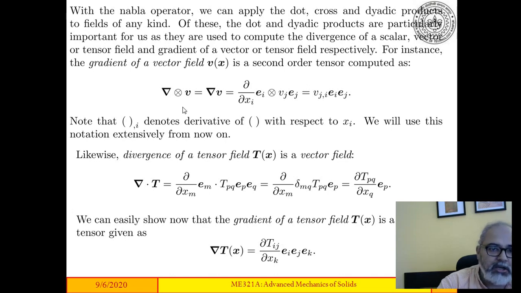So for all position dependent fields, we can use the nabla operator to get divergence, curl, gradient, and so on and so forth, treating the nabla operator as a bona fide vector. That's the trick that we use.